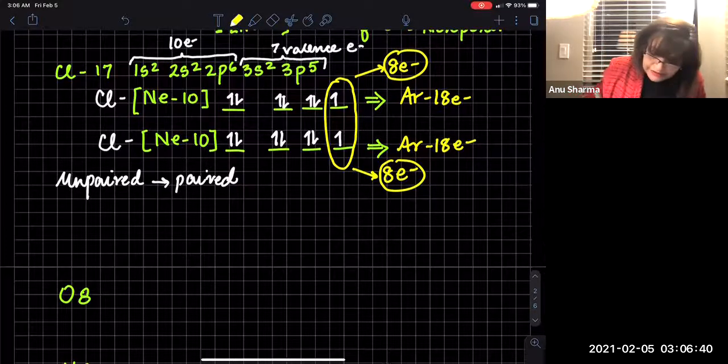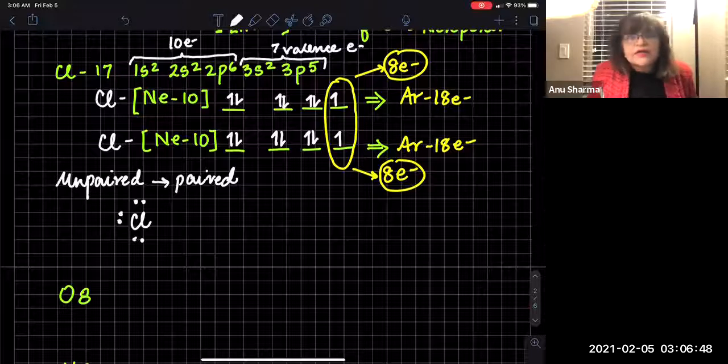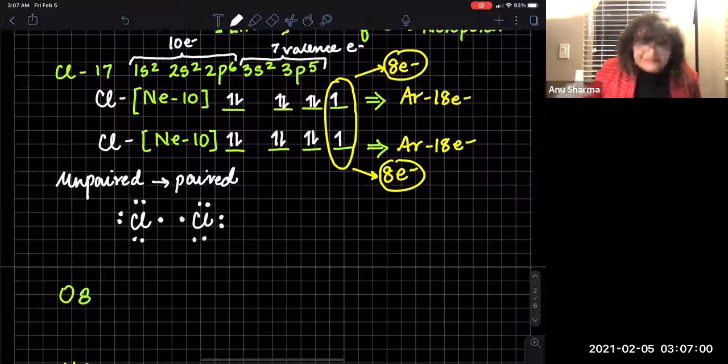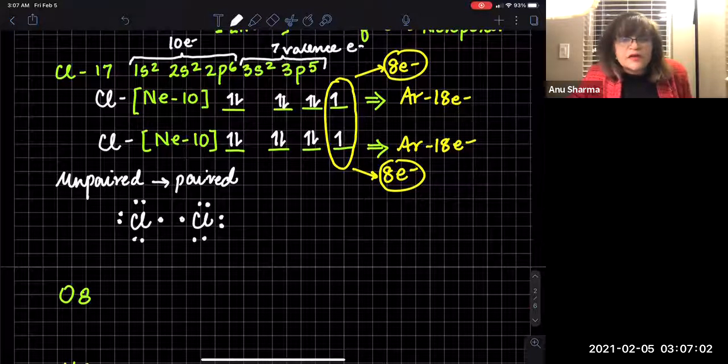Now how do we show this in the Lewis structure? We know that chlorine is in group 7, so it has 7 valence electrons, right? And here is this other chlorine, with 1, 2, 3, 4, 5, 6, and 7 valence electrons, right?